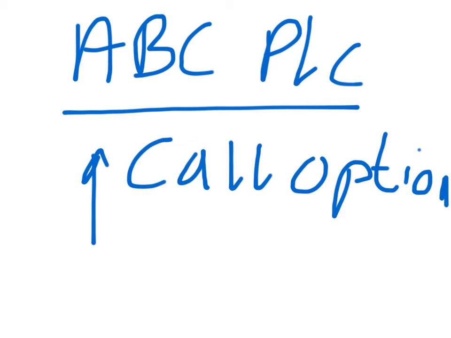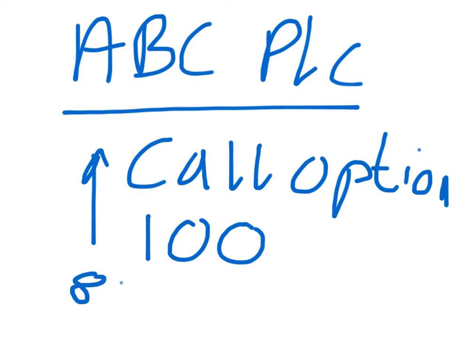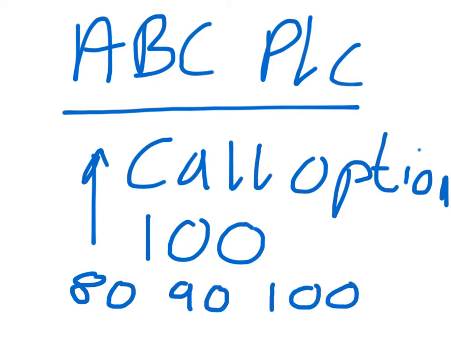So let's assume that ABC is trading at £1. You will have the choice of buying a whole range of options that give you the opportunity to buy the underlying asset at, say, 80 or 90 or 100 or 110. Now, obviously, the price of the underlying asset is 100.